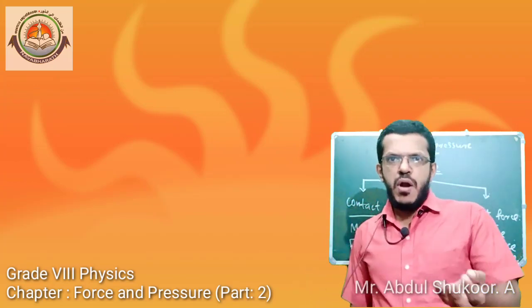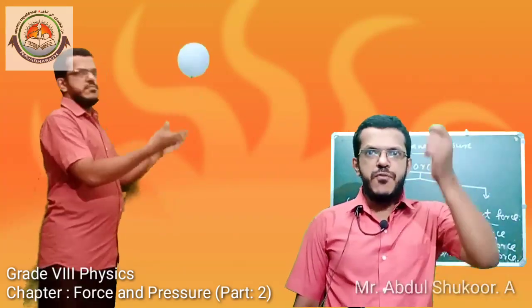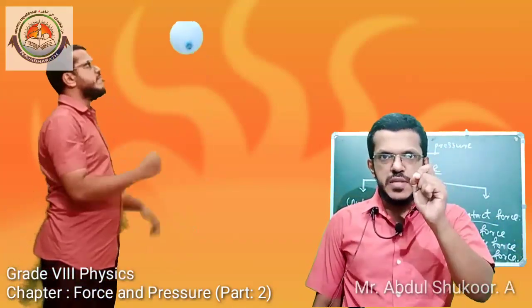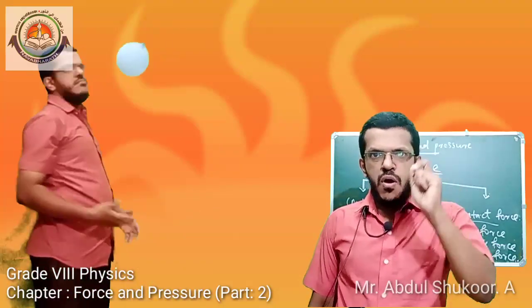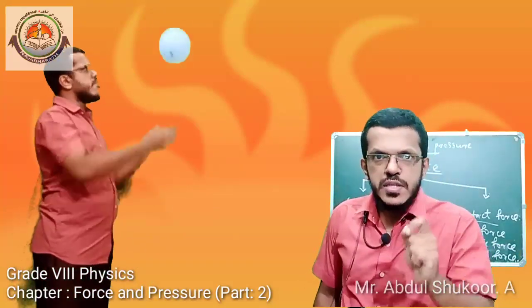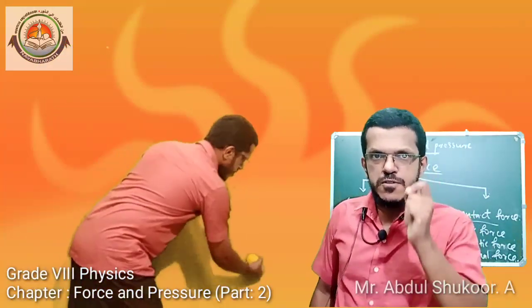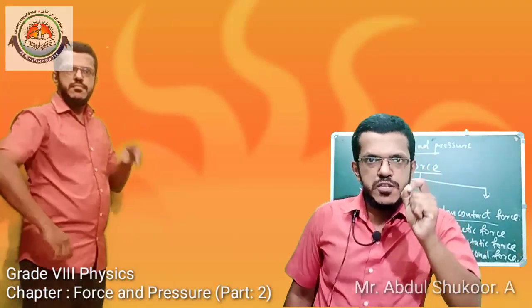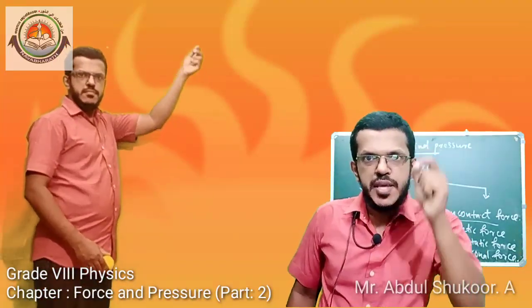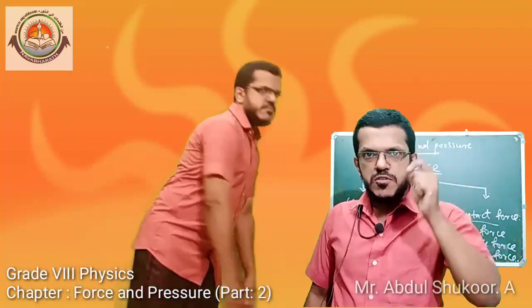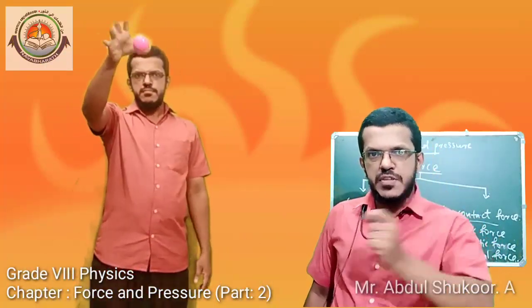When we throw a ball upward, it falls down towards the earth after some time. Since the ball falls downwards, it is in motion. There must be a force acting on it. This force, due to attraction between the earth and the object, is called force of gravity.